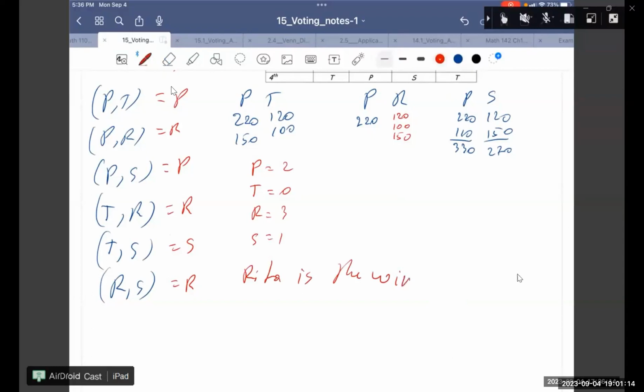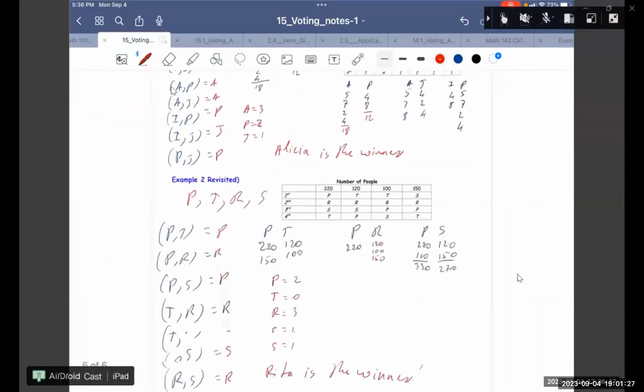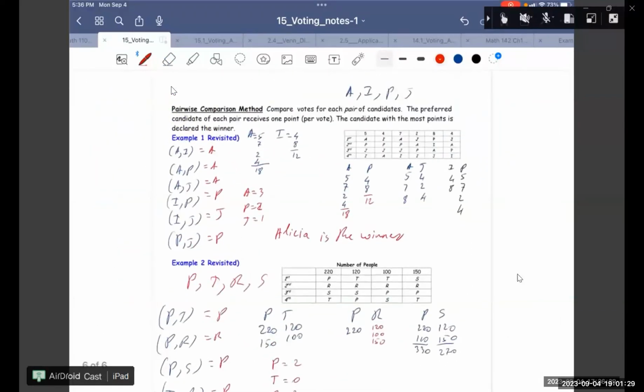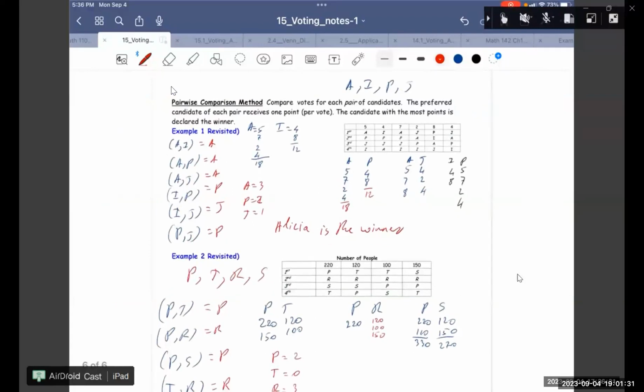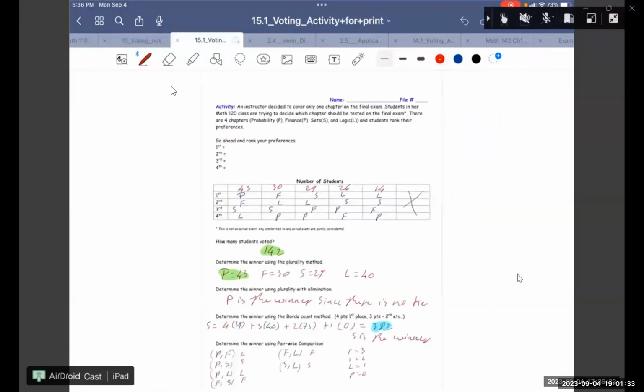So Rita is the winner. Okay. So I like this method more than the other one. So we have this.